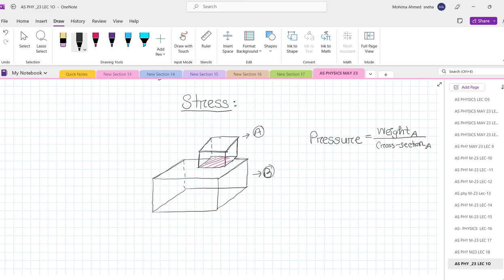Now in order to calculate the value for stress, we are going to use the same equation, force by area.